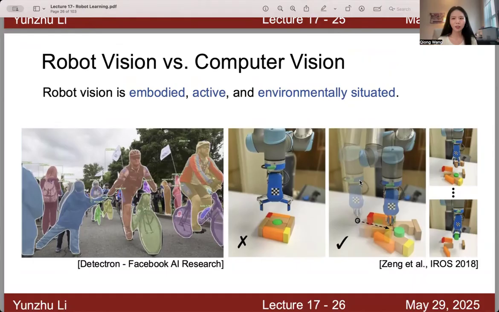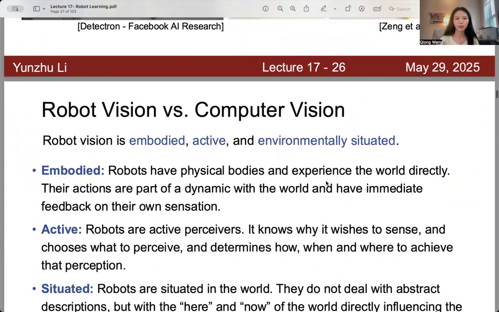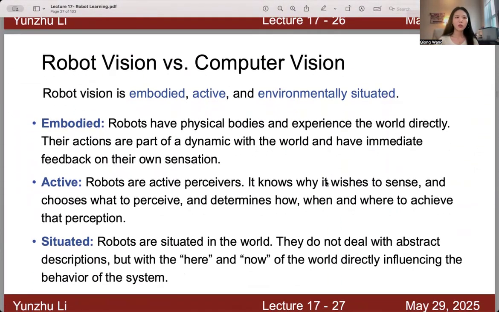And the robot uses the image input to control its next action. So we can say there are three points about robot vision versus computer vision.